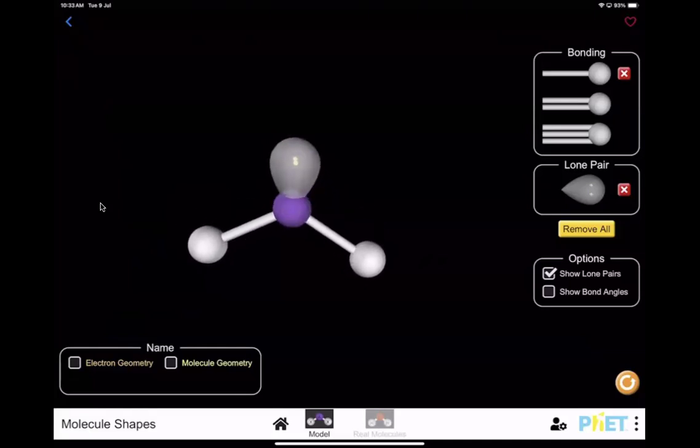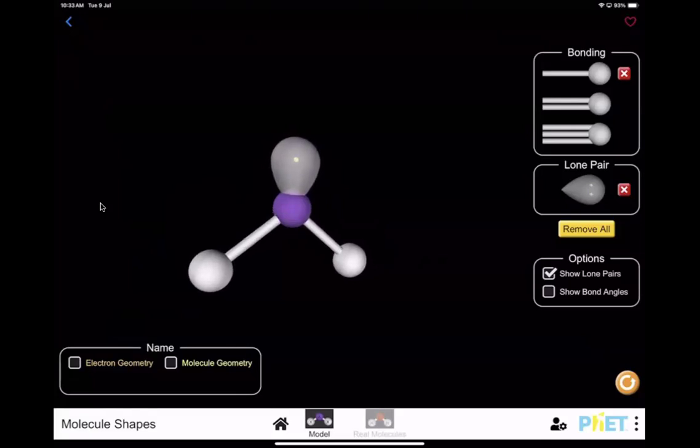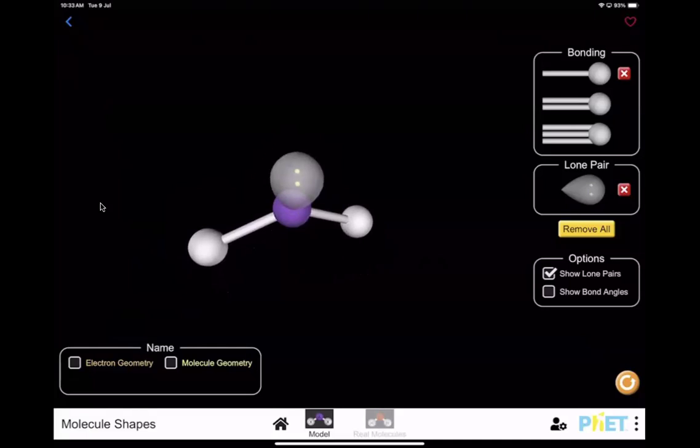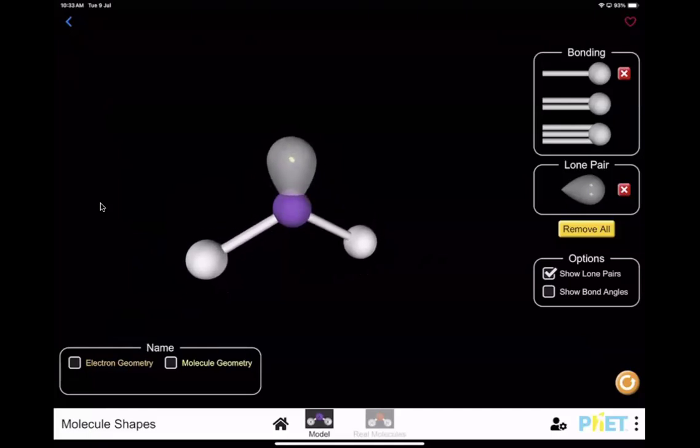So as a result, these bond pairs get a little away from the lone pair and come closer to each other. Is this understandable? Yes, sir. So the angle between the bond pairs is gonna be lower than the angle between the lone pair and the bond pair.